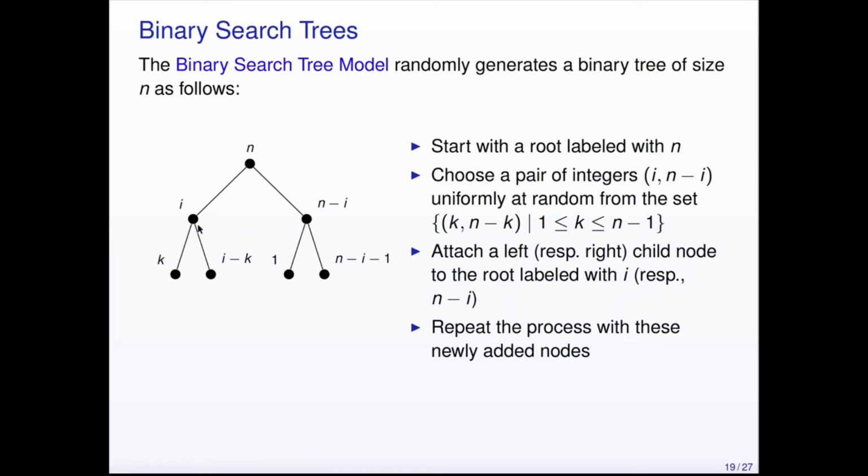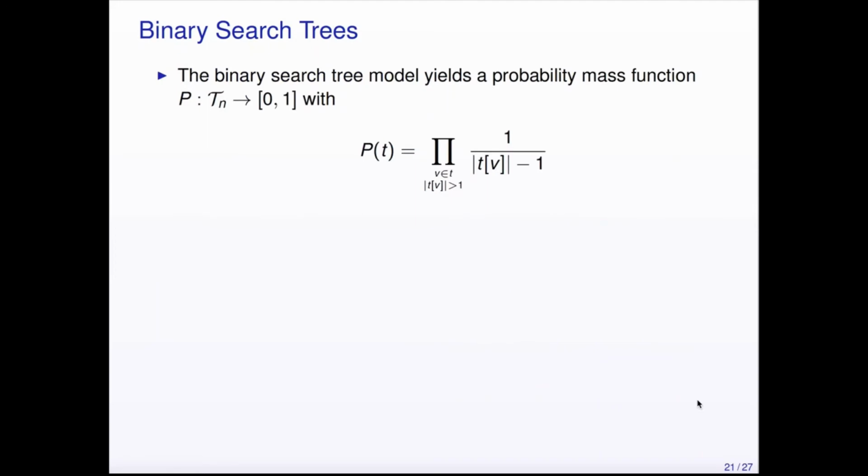So again, we choose a pair of integers k and I minus k uniformly at random from all these possible pairs of integers, and then the next left subtree will be of size k and the next right subtree will be of size I minus k, and so on. And the process then stops at nodes labeled with 1, and in the last step we leave out the labels of the nodes.